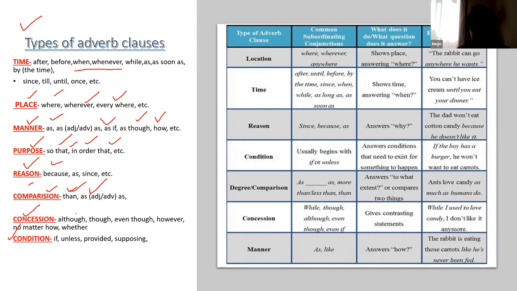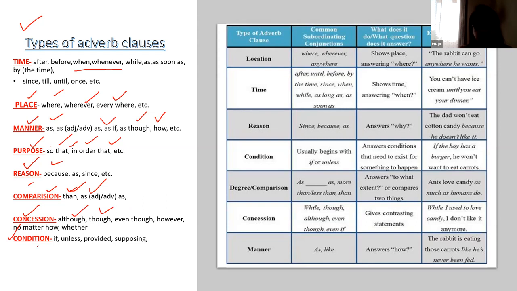Now, what about concession? What is the meaning of concession? Concession adverb clauses mean that your main clause will be opposite in meaning to the subordinating clause. Okay, we will see in the examples that come. So first, remember what are the words that you can use to form an adverb clause of concession: although, though, even though, however, no matter how, whether.